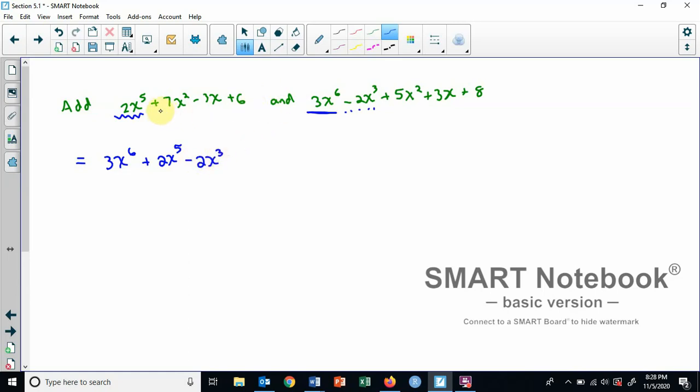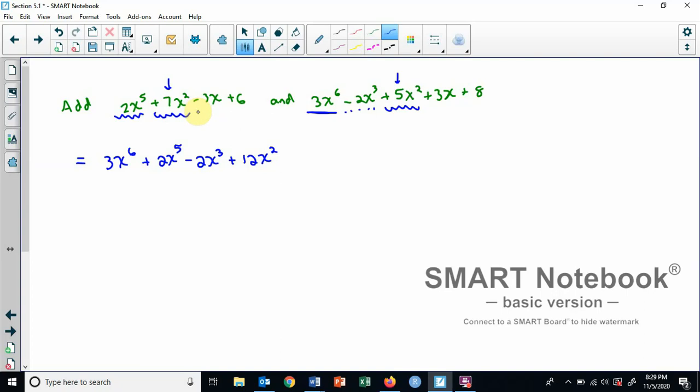All right, x squareds. Okay, finally I get some like terms I can combine. So positive 7x squared, positive 5x squared. If I'm adding the coefficients, positive 7 plus 5, that would be positive 12, and I'd leave the x squared alone. All right, let's see.